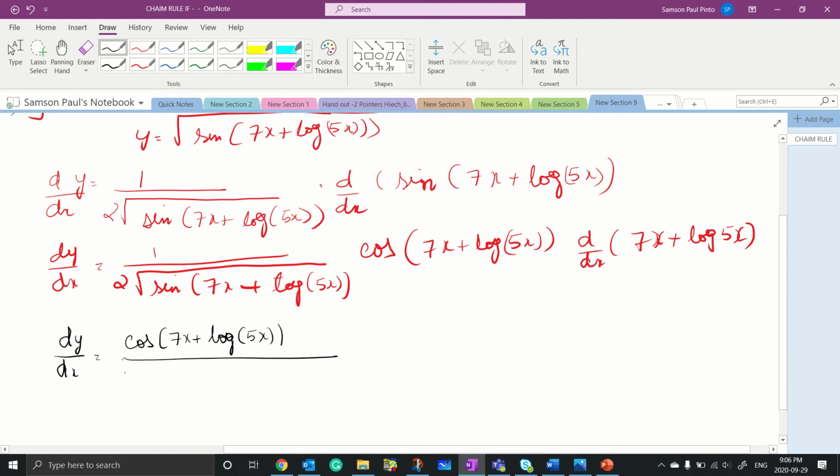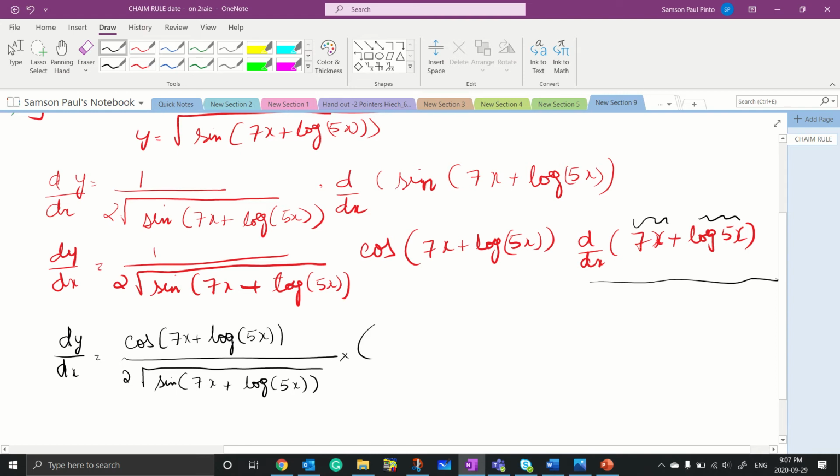So 2 root sine of 7x plus log 5x, multiplied by d by dx of this function. That is d by dx of 7x plus d by dx of log 5x, which is 7 plus log 5x.